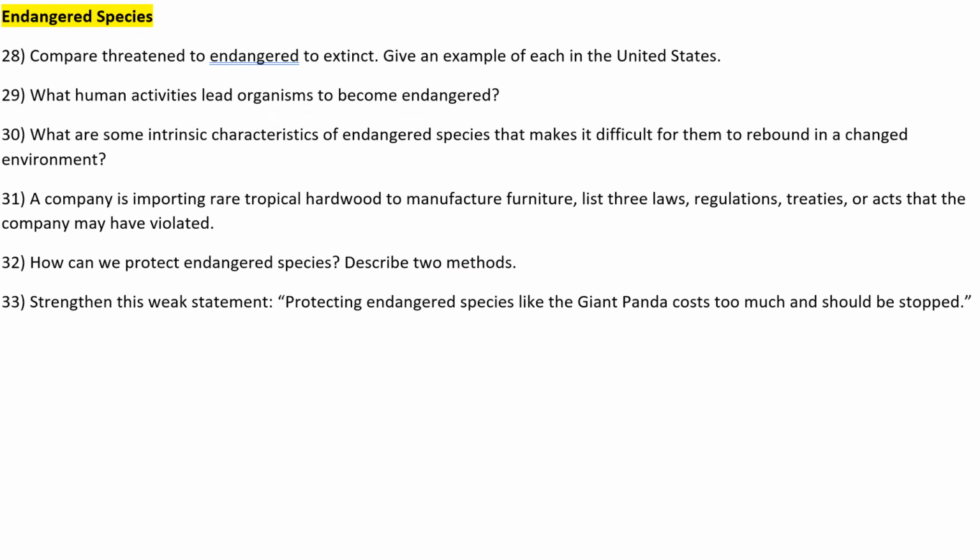Compare threatened, endangered to extinct. Give an example of each in the United States. So I'm going to be putting number 28 right here. Okay, so we have threatened.